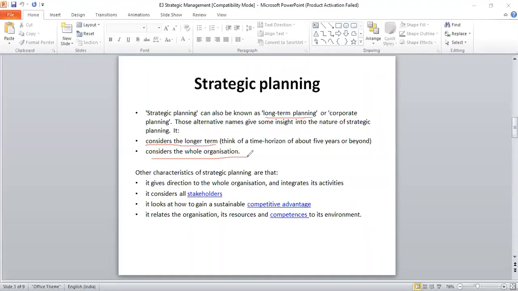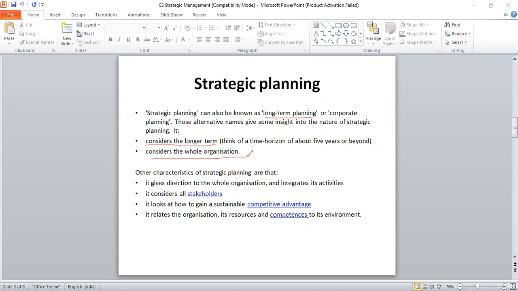It is not only focusing on one particular aspect, it focuses on the entire organization as a whole. When the people in the organization are working, normally they only understand their nature of work, their department work, that particular activity process.